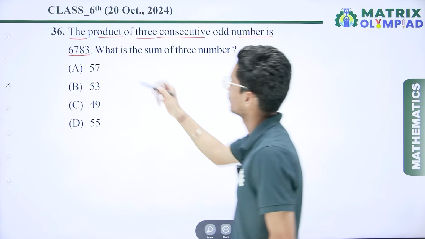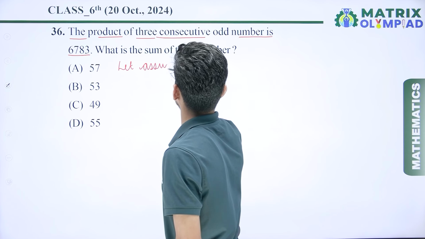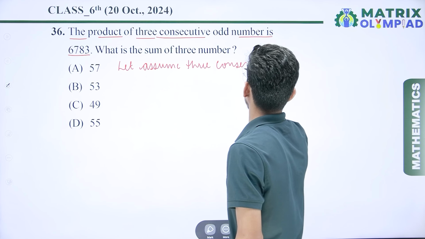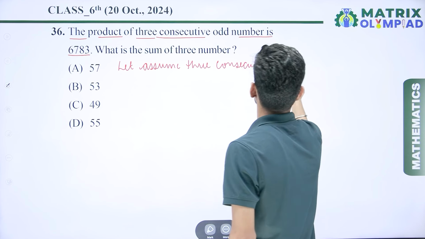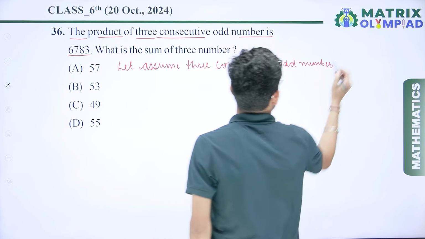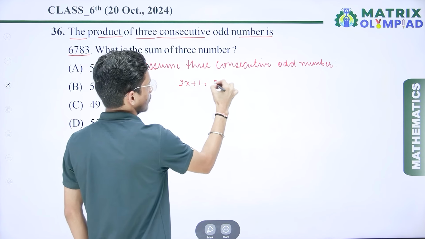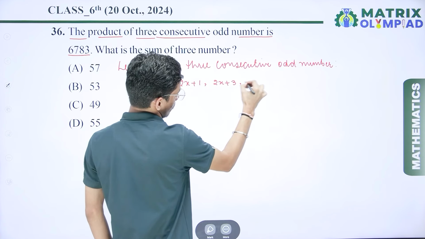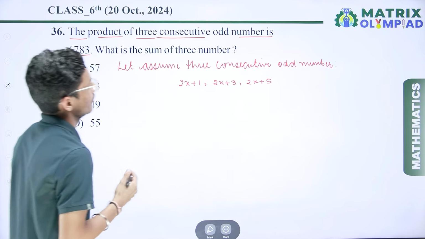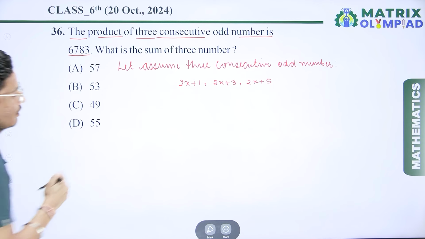So here let's assume three consecutive odd numbers, that is 2x plus 1, comma 2x plus 3, and comma 2x plus 5. Now here we have been given the product of all these 3 numbers, that is 6783.